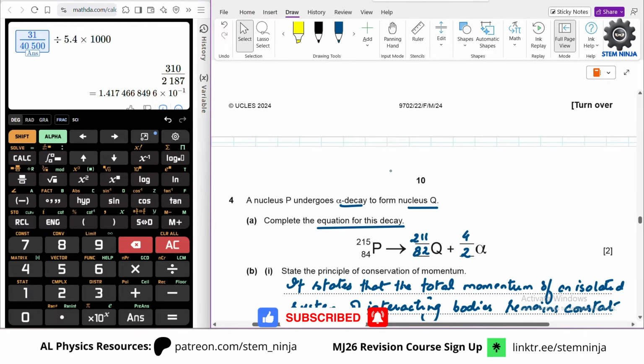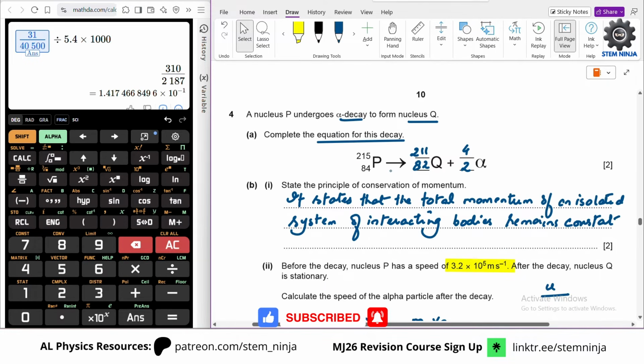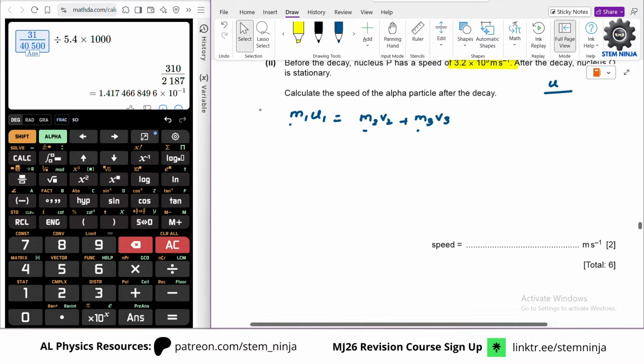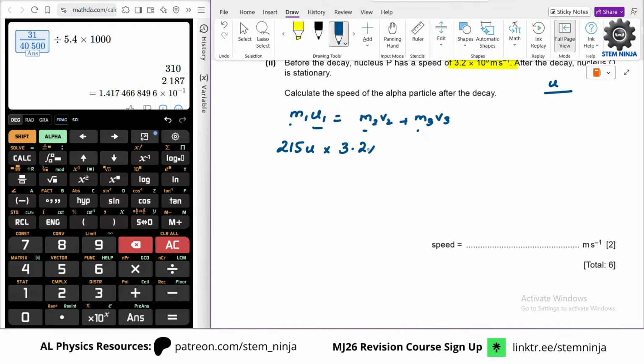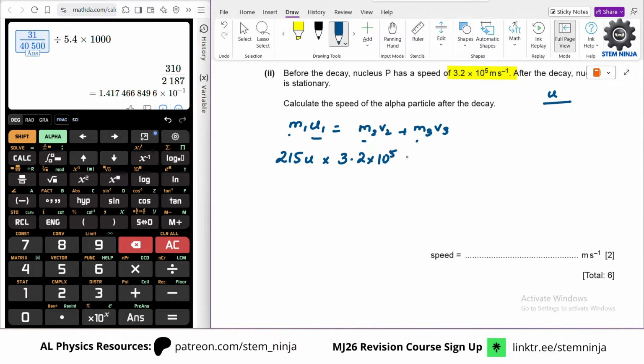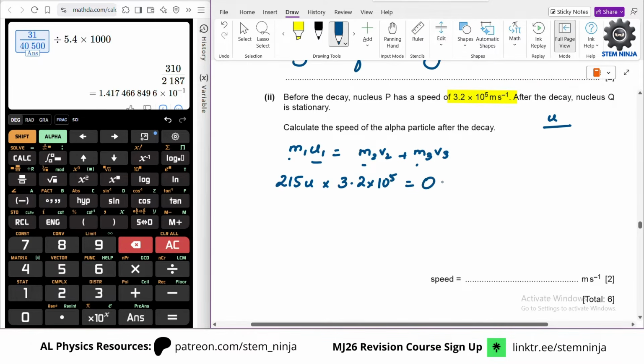So nucleus P has 215 u times speed 3.2 times 10 raised to power 5, right. Then we have nucleus Q, which is stationary, but the alpha particle, 4 u times v.